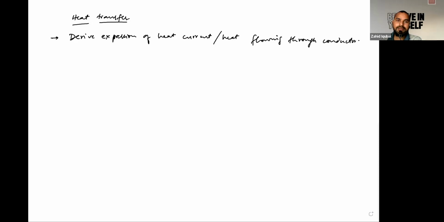I had explained this particular portion by using the concept of electricity, but you have to define in some other way also. Let me define you how to solve or how to define this part.